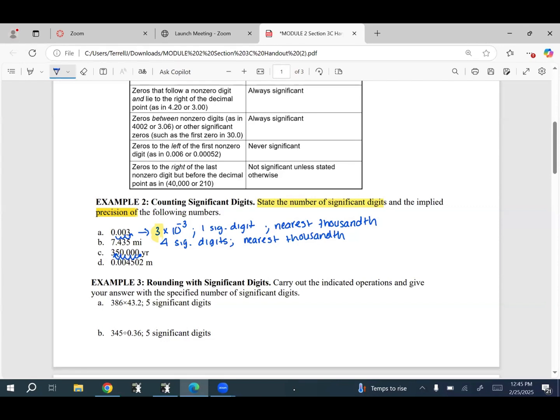That gives me 3.5 times 10 to the 5. And it's going to be a positive 5 because 350,000 is a large number. Now, to determine the significant digits, just look at how many digits are in this value. And my answer is 3 and 5, that's 2. 2 significant digits.